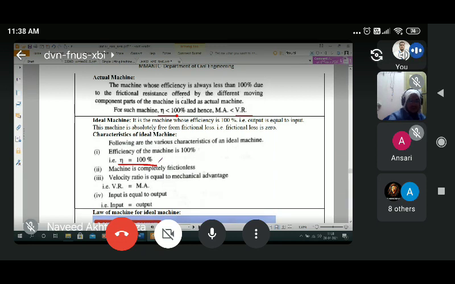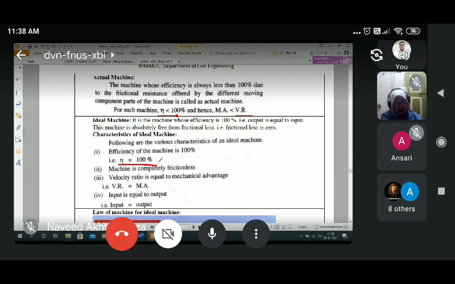And in this case the machine is completely frictionless. I think it does not happen in nature, in the real world. And velocity ratio is equal to mechanical advantage. These are all the characteristics of the ideal machine. You can remember them, and it can be useful for the examination.